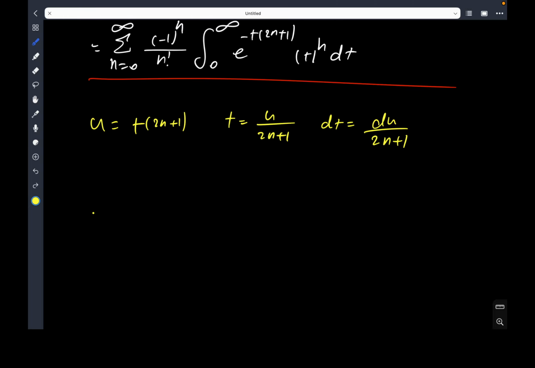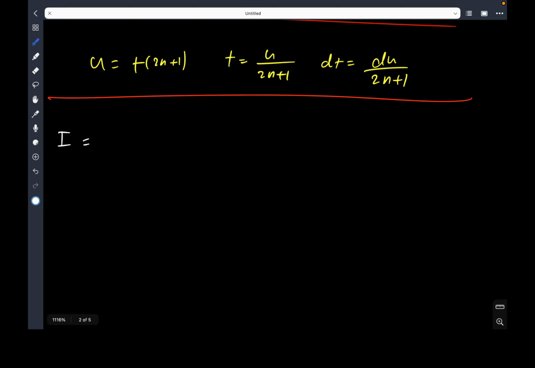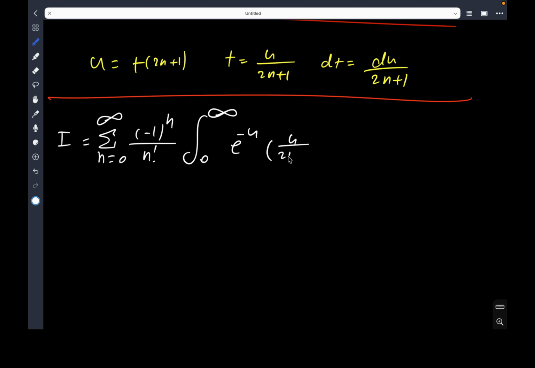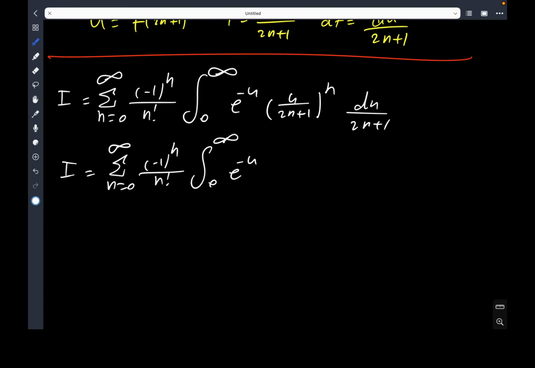Substituting again, the infinite sum from 0 to infinity of negative 1 to the n over n factorial, the integral from 0 to infinity of e to the negative u, times u over 2n plus 1 to the n, du over 2n plus 1.